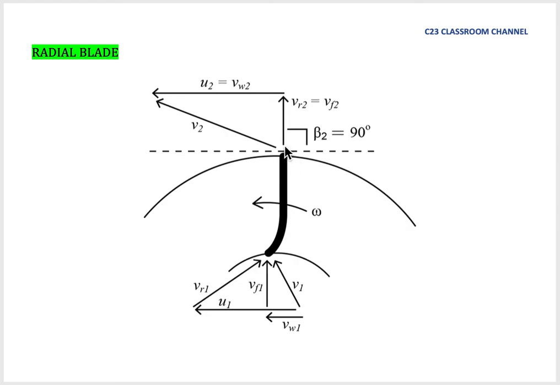So the velocity VR2 will flow at 90 degrees too. So at this point VR2 is actually equal to VF2. And the other component, the tangential velocity U2 here, is also equal to V2. So for the radial blade, at the outlet we only have this kind of triangle, and the values are VR2 equal to VF2 and U2 equal to V2 for the tangential velocity.